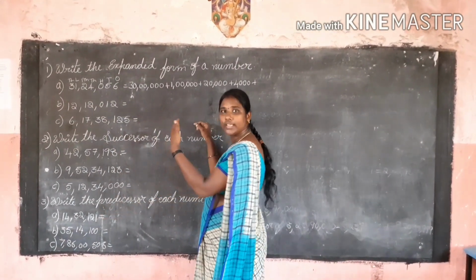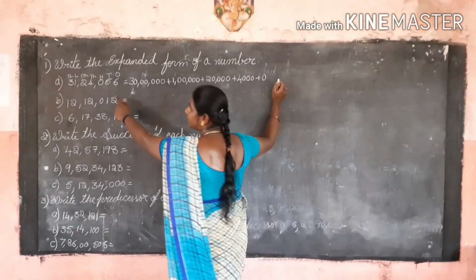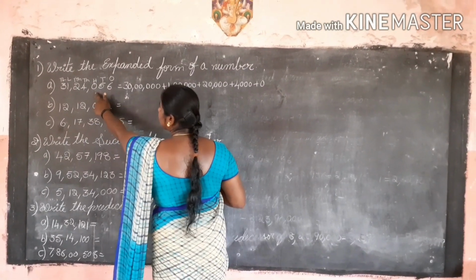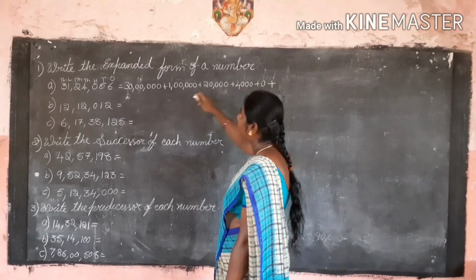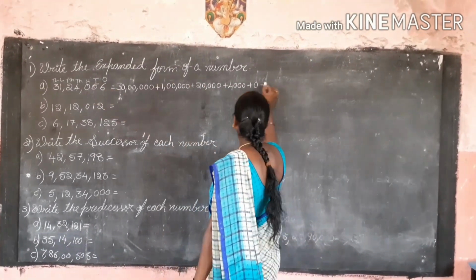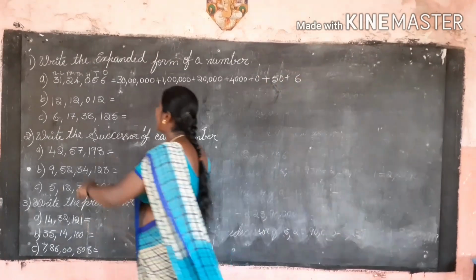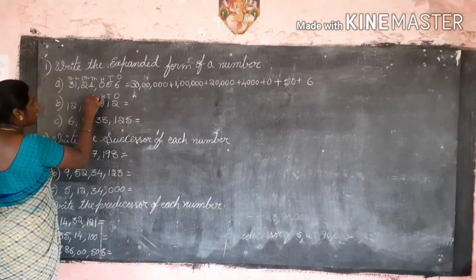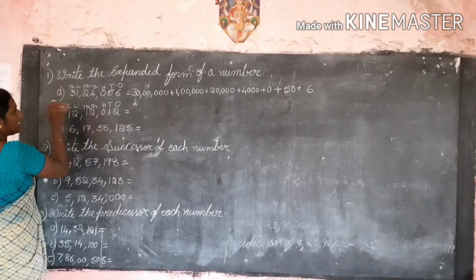The place value of 0 is 0. 0 is in the hundreds place, but when we multiply any number by 0, we get 0. That's why the place value of 0 is 0. Next, 5 is in the tens place, 50, plus 6 is in the ones place, 6.